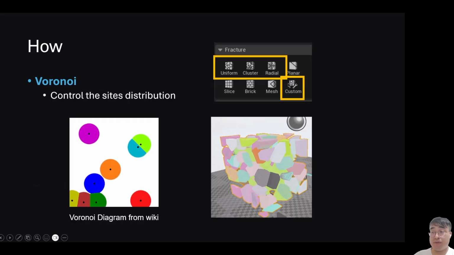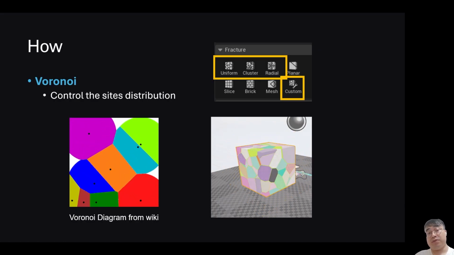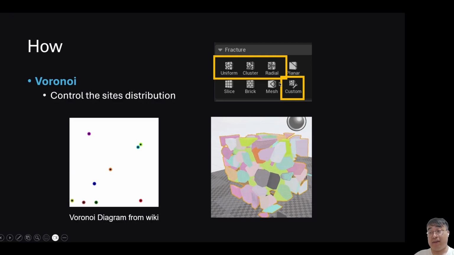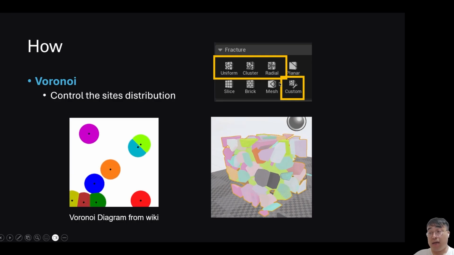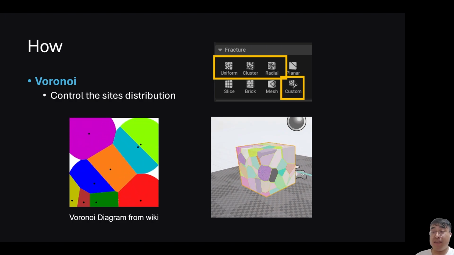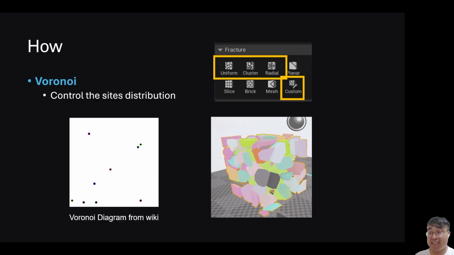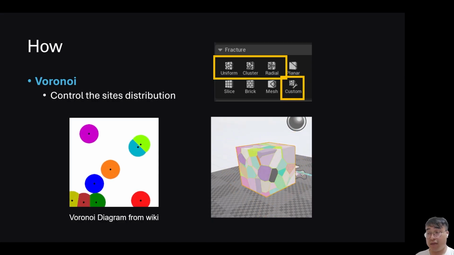So how do we use Chaos Destruction to destroy something? Let's look at the Voronoi diagram, which emerges by radial growth from seeds outward. It's a key technique in Chaos Destruction.